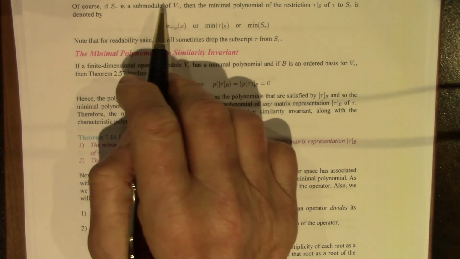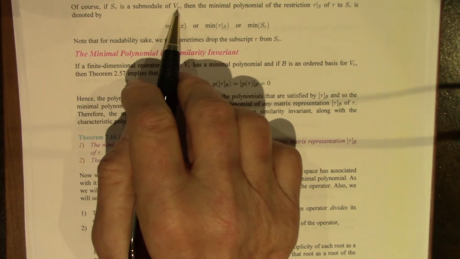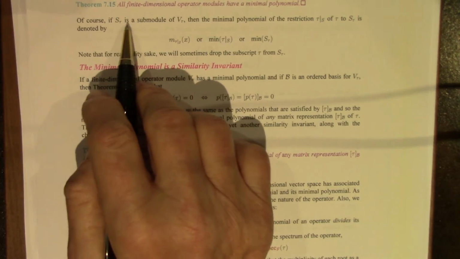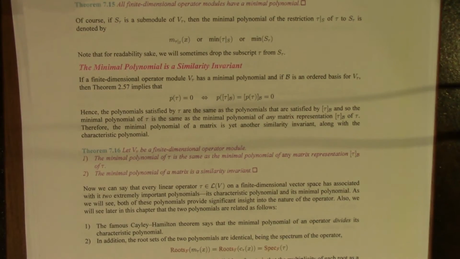You should convince yourself that if v tau has a non-trivial annihilator, so does any submodule of v tau.